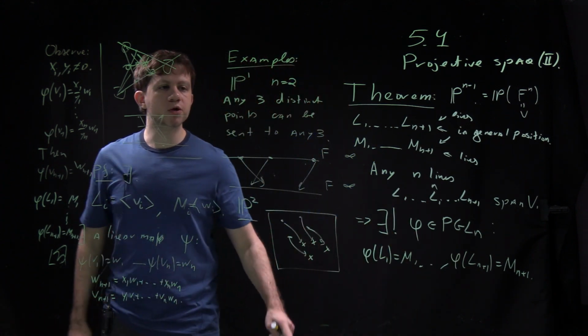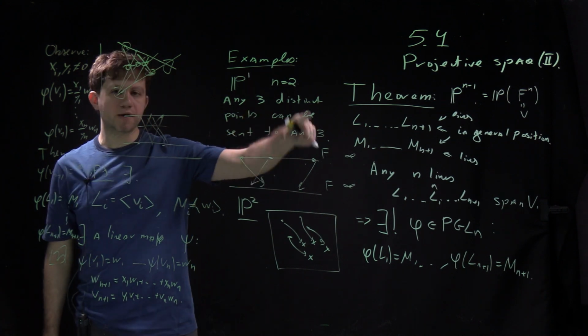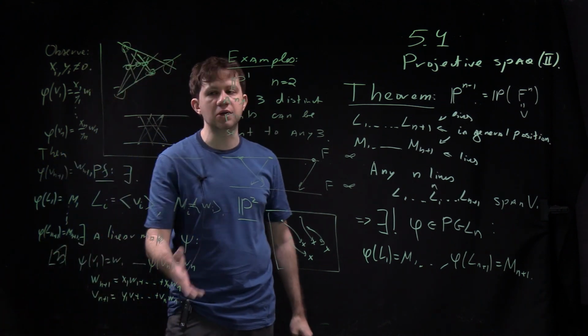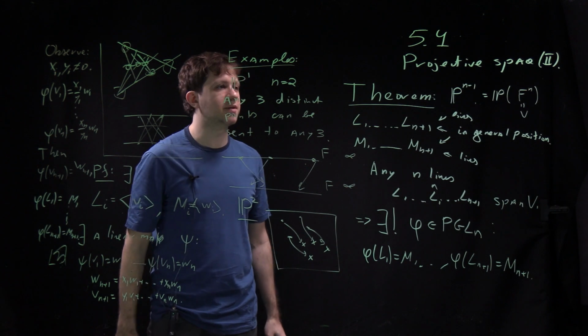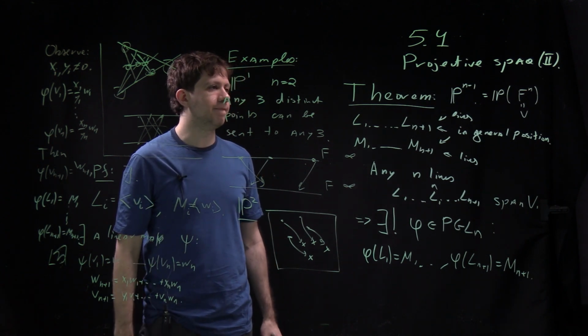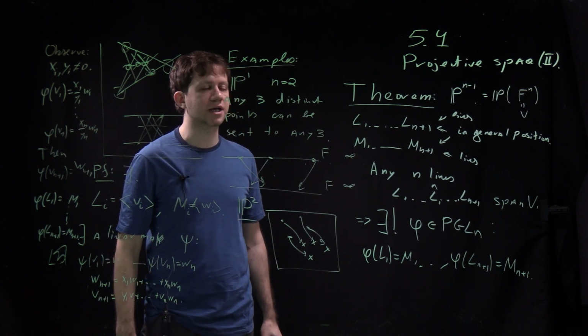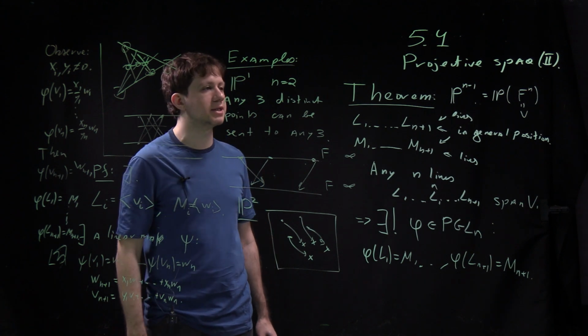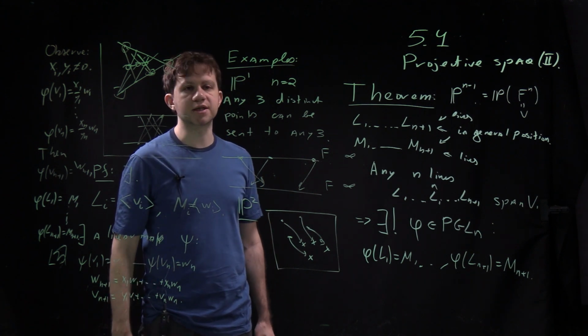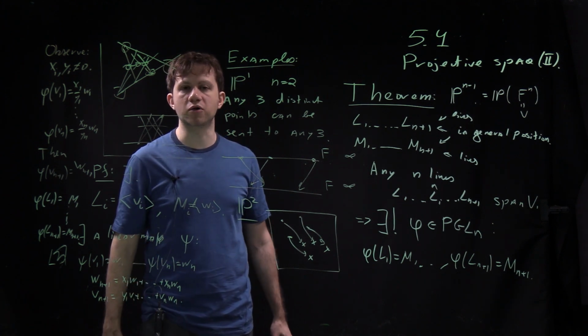And now I want mostly to use this to illustrate how we can apply it to better understand sizes of projective transformation groups, and to understand maybe this PGLn for small n. Okay, so let's start with at least understanding the size of everything.